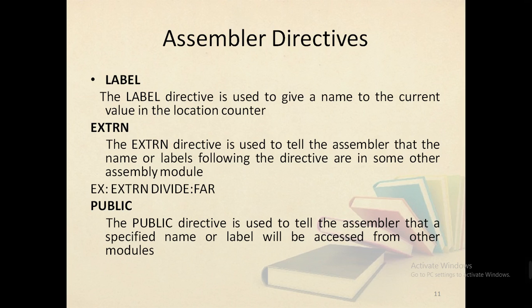In order for the modules to link together correctly, any variable name or label referred to in other modules must be declared public in the module in which it is defined. The PUBLIC directive is used to tell the assembler that a specified name or label will be accessed from other modules. An example is the statement PUBLIC DIVISOR, DIVIDEND, which makes the two variables DIVISOR and DIVIDEND available to other assembly modules.